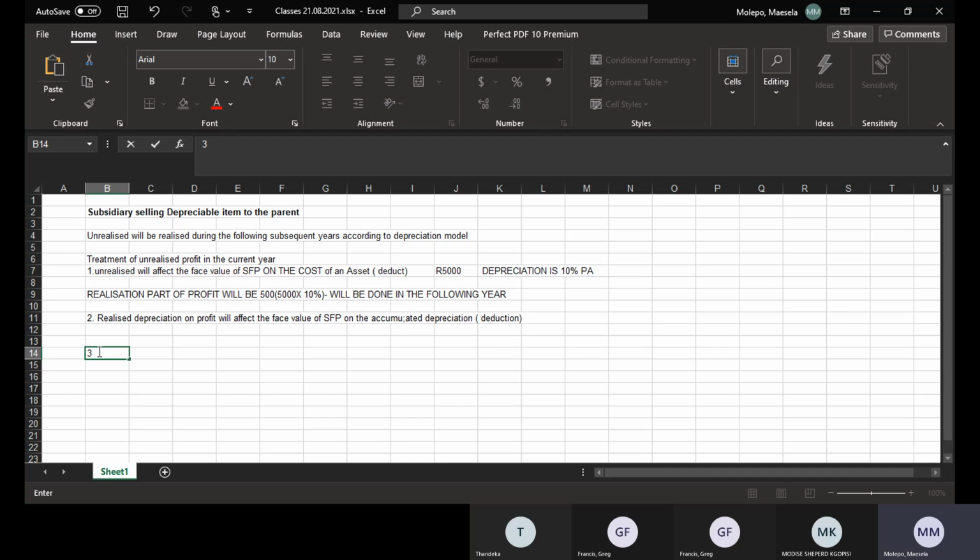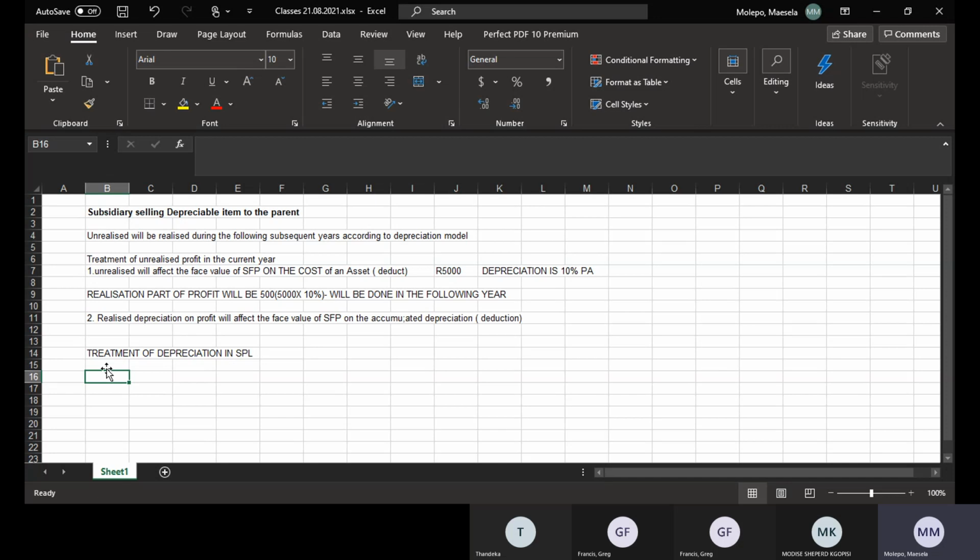So three will be the treatment of depreciation in SPL, which is statement of profit and loss. You're gonna deduct the current year depreciation from the profit.